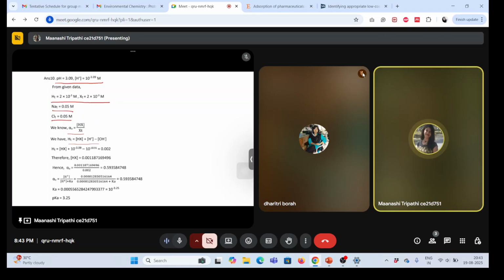In that earlier problem they omitted OH but here they have taken it and you do not need to omit it. You can simply put Kw by H plus and we will get the HX value as this. Just putting it in alpha naught, we get alpha naught. And the other form of alpha naught is H plus upon H plus plus K. We got K and we can calculate the pKa value.